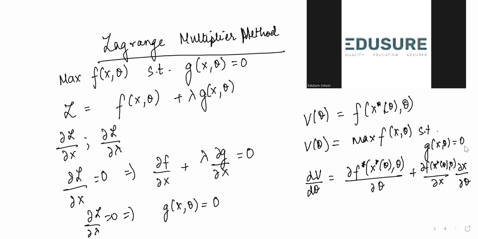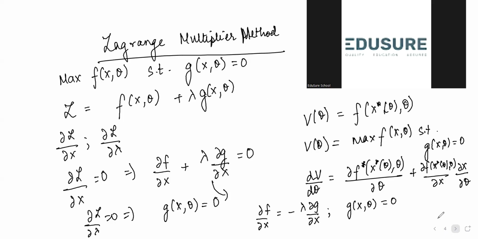Now, from the first order condition of the Lagrange, we get this del f del x is equal to, okay. Right? And we know the fact that, okay.